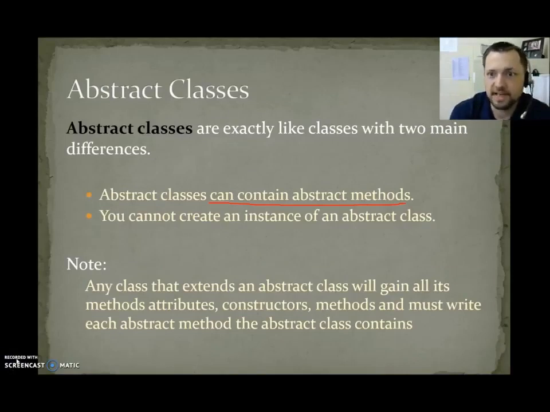Abstract classes are exactly like classes with two main differences. Abstract classes can contain abstract methods, but you cannot create an instance of an abstract class. Note, any class that extends an abstract class will gain all of its methods, attributes, constructors, but must write every abstract method the abstract class contains.